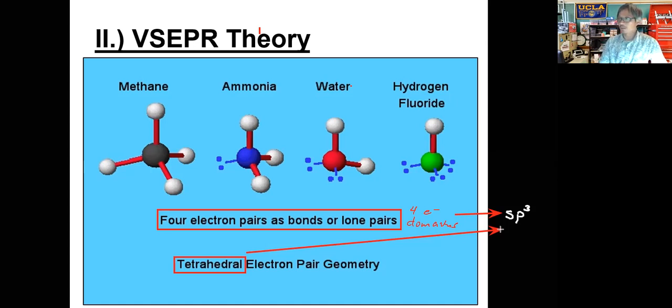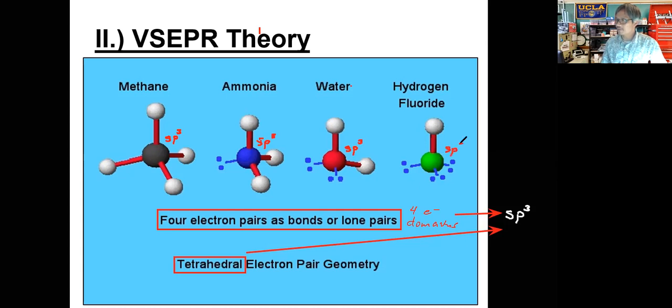So therefore, the carbon atom here in methane, this center carbon atom, is going to be sp3 hybridized. We talked about this already in a couple of the periods. But that also holds true for the nitrogen here, the center atom for ammonia. That will also be sp3 hybridized. The oxygen atom here will also be sp3 hybridized, as well as the fluorine atom here.